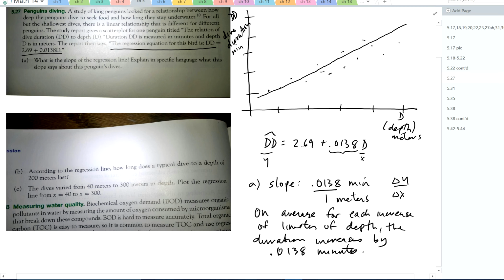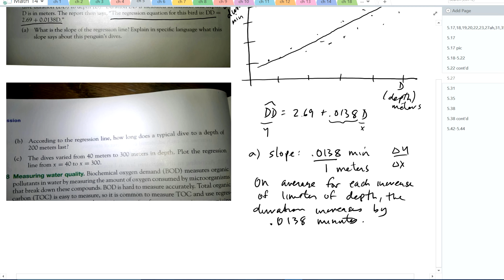Okay, does that make sense? Okay, so for every meter of depth he goes down, the duration goes up by 0.0138 minutes. Okay, B.